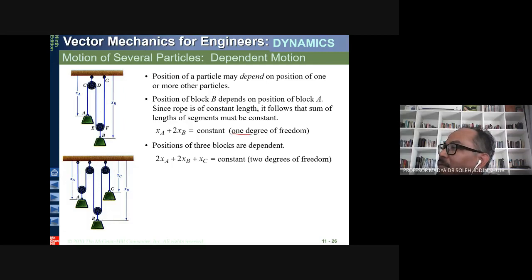Block A, block B, and block C. So we have XA, for block B, XB, and then we have block C. We have 2 pulleys here, so you have 2XA plus 2XB plus XC equal to constant, right?